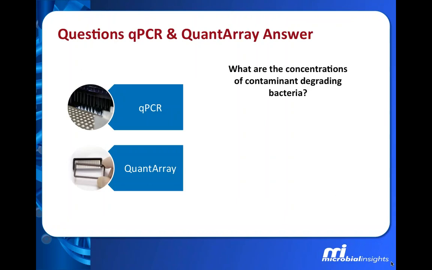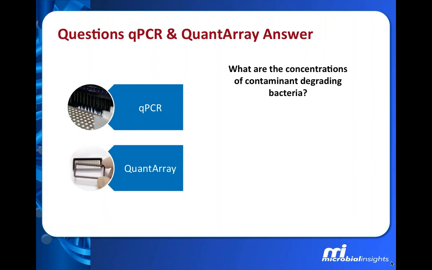So most of you are probably familiar with qPCR and quant-array, but as I said, I just want to make sure everyone's on the same page. qPCR and quant-array are typically DNA-based analysis that are used to quantify specific microorganisms or functional genes that are involved in the biodegradation of contaminants that we're concerned with. For chlorinated solvent sites, we'll look at Dehalococcoides and functional genes associated with Dehalococcoides like vinyl chloride reductase.